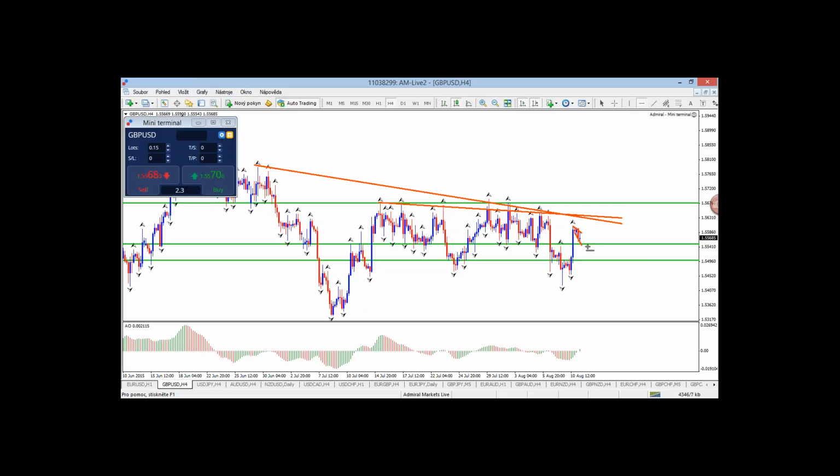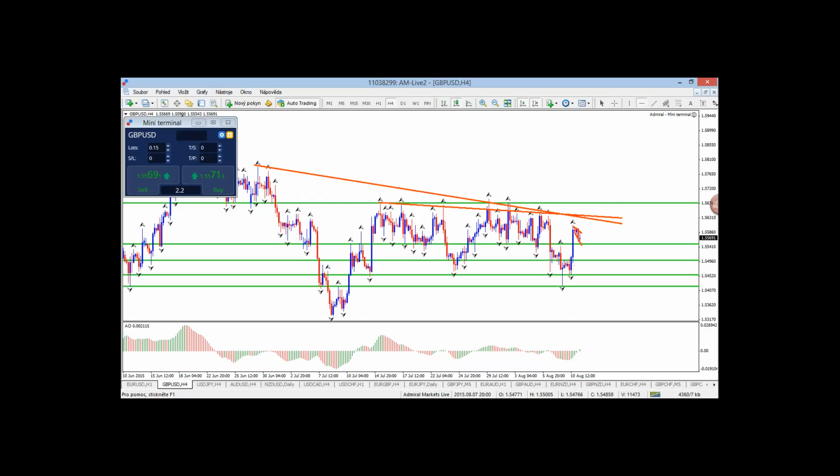Downside I wouldn't trade because we had such a bullish day yesterday, so I think that's counter trend. And anything above 154.50 stays bullish. All right, so anything that stays above 154.50, 155 could be good bullish bounces there.